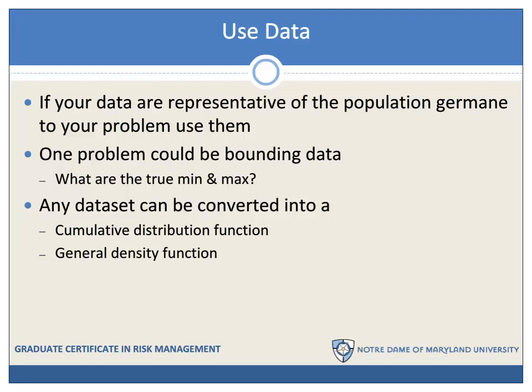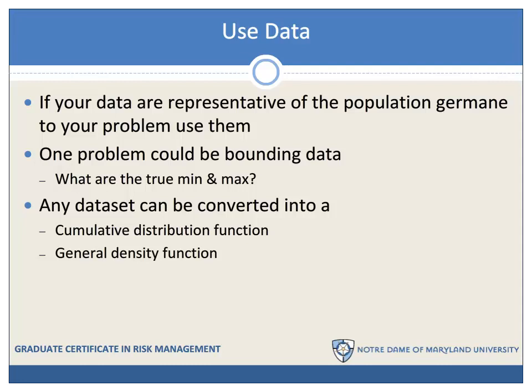What does that mean? If I'm doing a risk assessment that is looking at oysters harvested from a region throughout the year, then my data would have to cover the year. The sample would have to be large enough that it would be representative of some of the variation in water temperature that would occur over the course of a year.